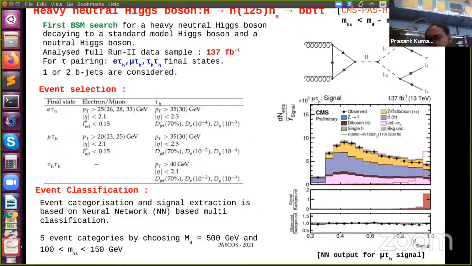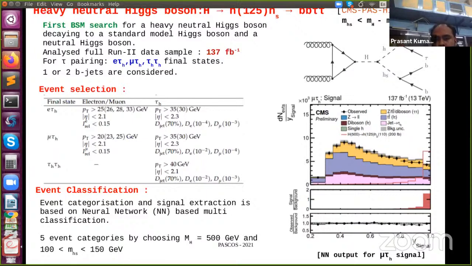And as you can see in the right bottom plot, there is a neural network output distribution of the mu tau signal final states, where all the signals and backgrounds have been considered.